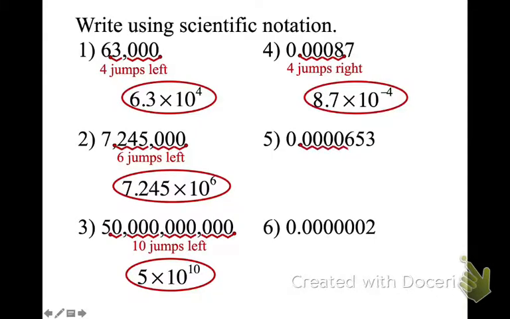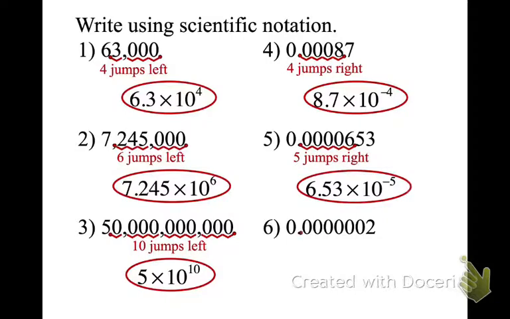Remember, we're going to need 6 and 53/100 times 10 to the 1, 2, 3, 4, 5, to the negative 5th power. Now, the one thing to remember on this last one is that you make sure that decimal goes to the right of it, so it's a number between 1 and 10. And then it'll be 2 times 10 to the negative 7th power.